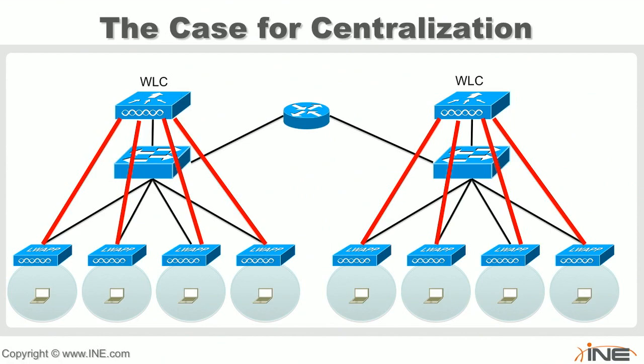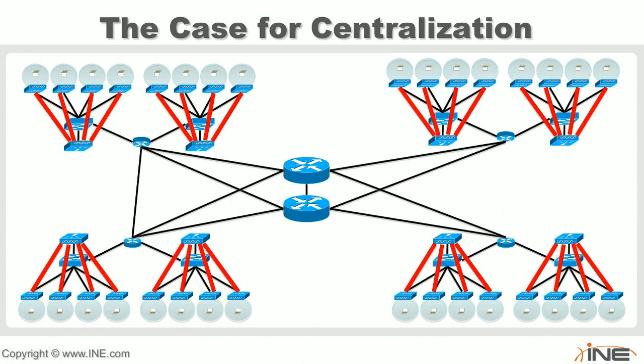Now, as we begin to grow even larger in operation, and now each of these that represented 5, so I had 20, 40, 60, 80, I have 160 APs here spread out over multiple wireless LAN controllers. I have, at least here just in this picture, 8 wireless LAN controllers. Maybe I also have remote branch offices with wireless LAN controllers.